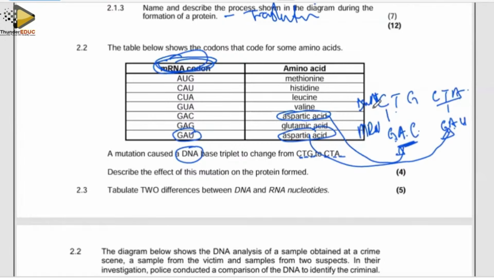Therefore, I have to say that the codon GAC on the messenger RNA changed to GAU. You understand? Both code for the same amino acid, aspartic acid. Therefore, there was no effect on the protein which is formed.